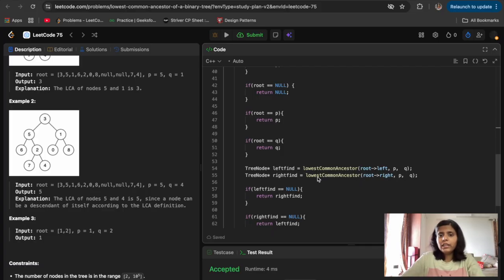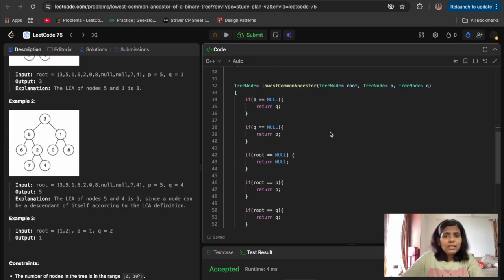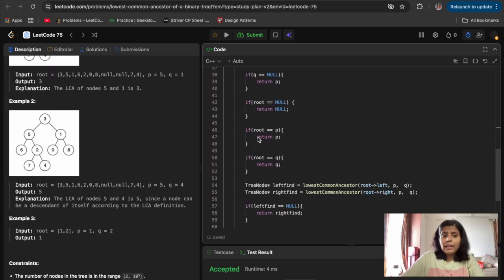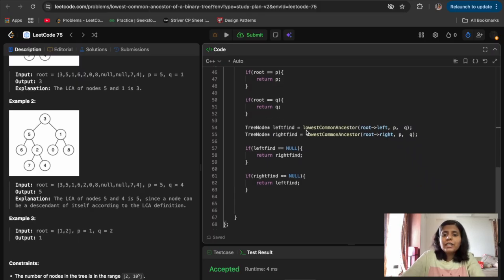I'll go to the right side, then root node is 1, p is 5, q is 1, and p equal to null, no. q is equal to null, no. Root is equal to p? Right now root is 1. So 1 is not equal to 5, but 1 is equal to 1, right? So q is 1, return q, that is 1 only, return q.